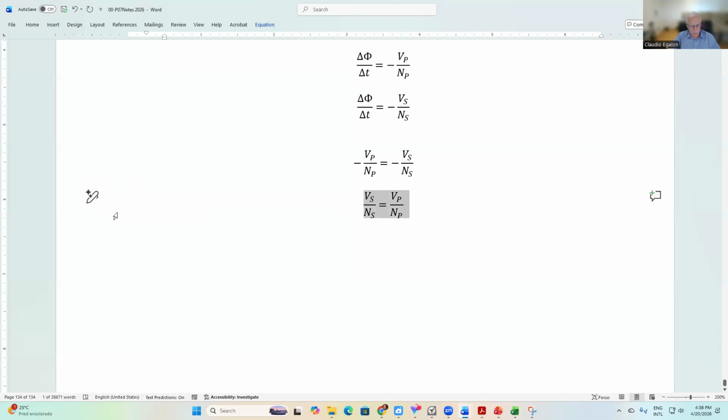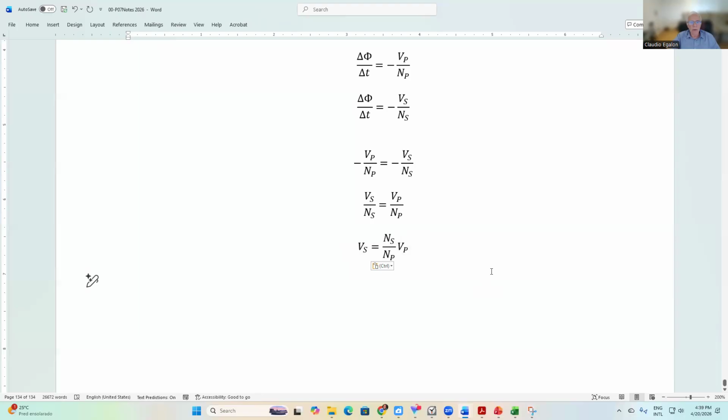Okay, so continue deriving. The NS is going to go to the other side. I'm going to put the ratio in terms of NP and NS, VP and VS, like that. And now we analyze this relationship here.